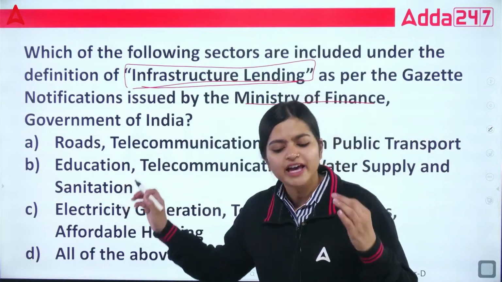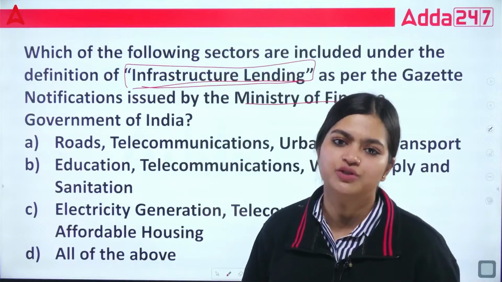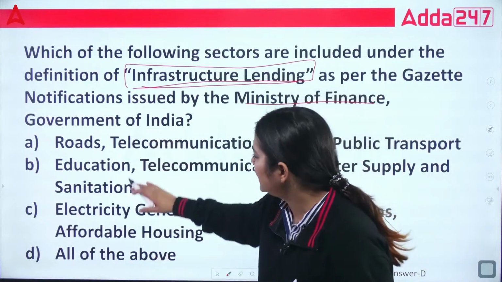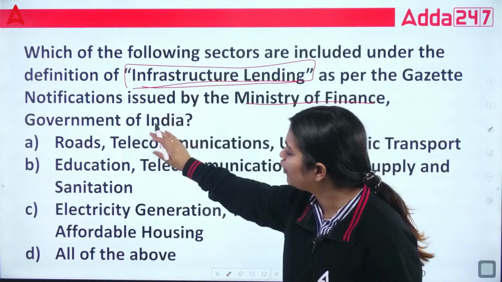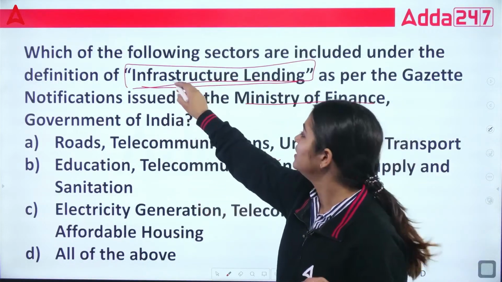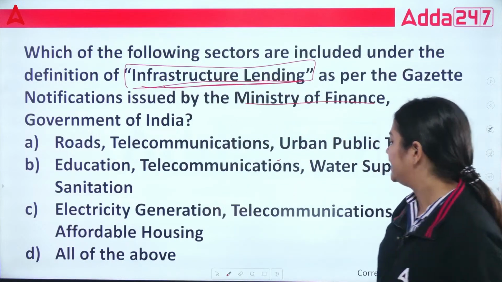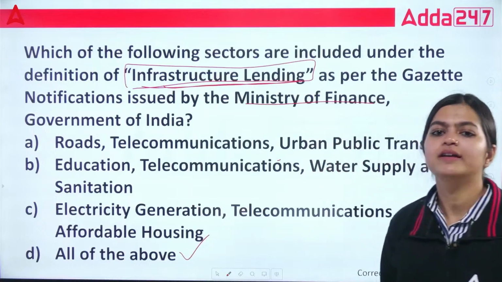So every point is actually related to infrastructure only. If you are getting a loan for any of these, then you get it from the bank known as infrastructure lending. Correct? So the correct answer of this question is option D. Chali.